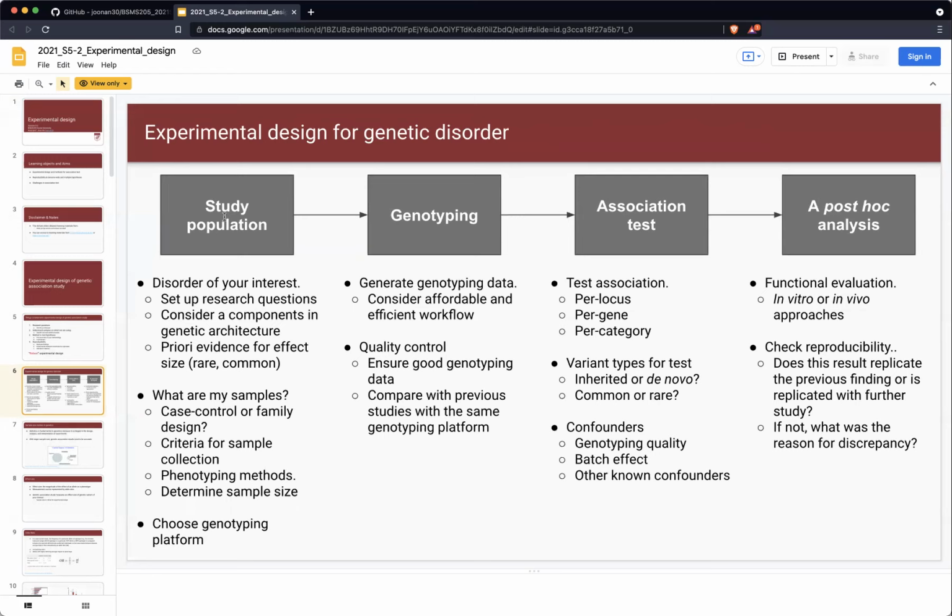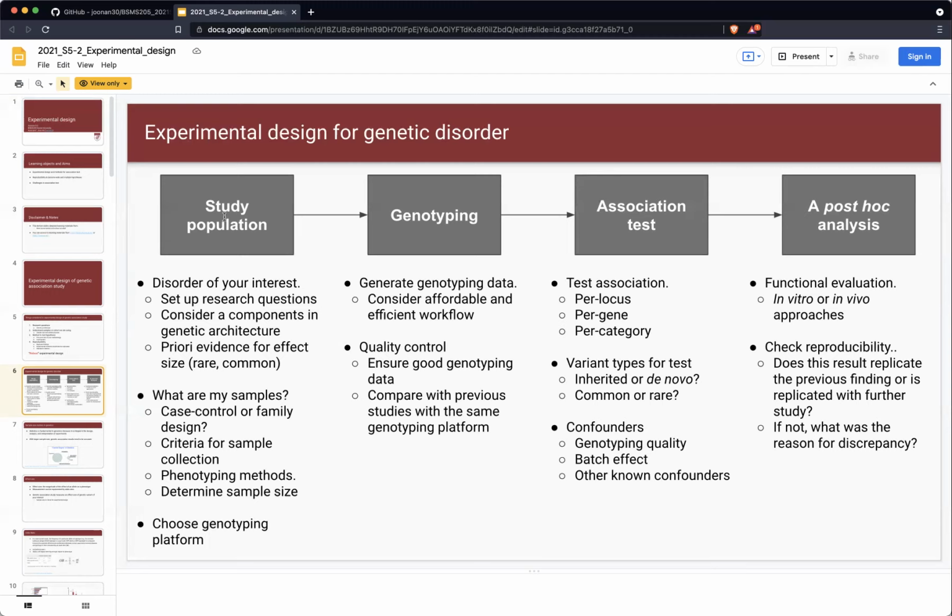Even though you set up the same disorder as a previous study, you can obviously set up different questions for your research, right? Sometimes you can ask about certain types of variants or certain types of genes, or certain clinical variables. So you have to explore the things you can ask in your experiment. And then you can consider components in a genetic architecture.